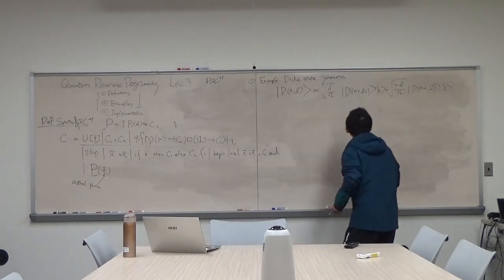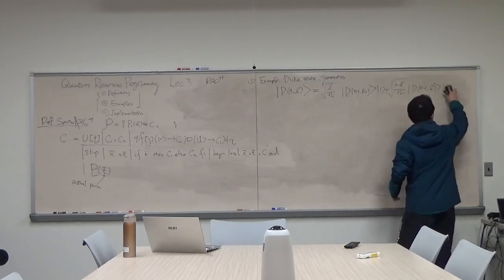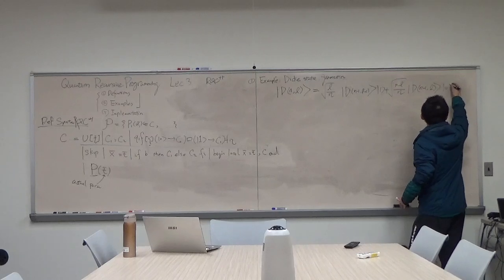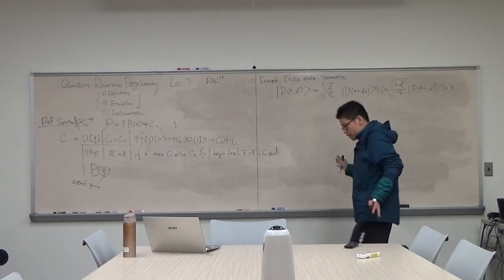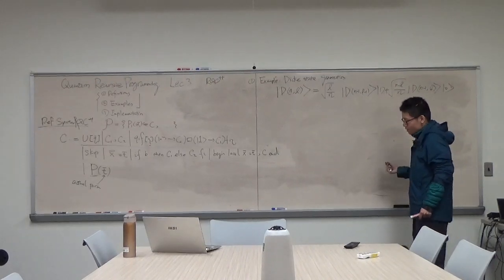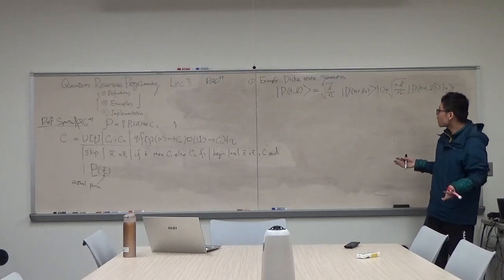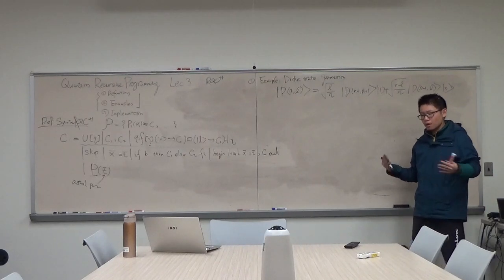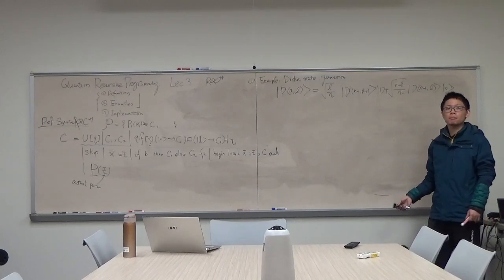Sorry, here should be 1, and here is 0. So this decay state is intrinsically recursively defined. How can you write a program or design a quantum circuit that generates this decay state?